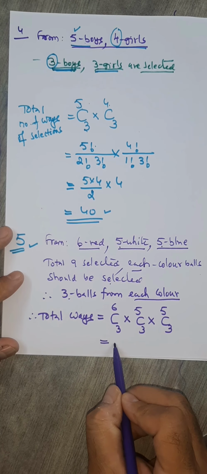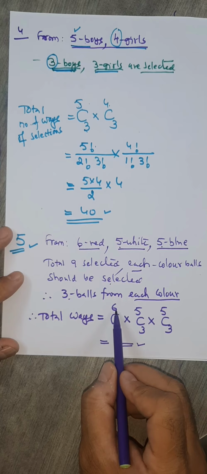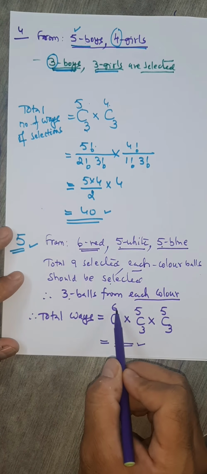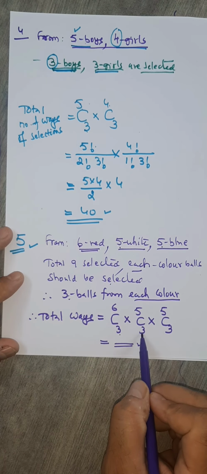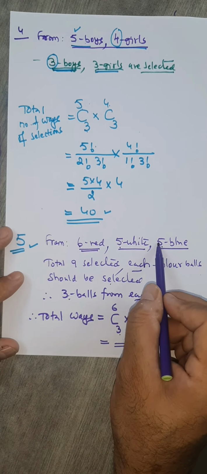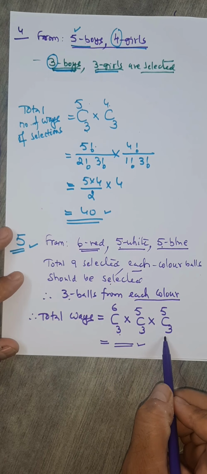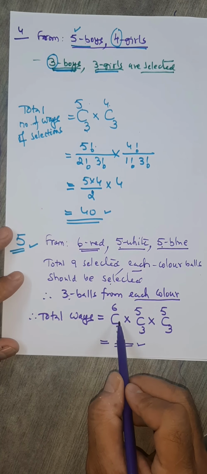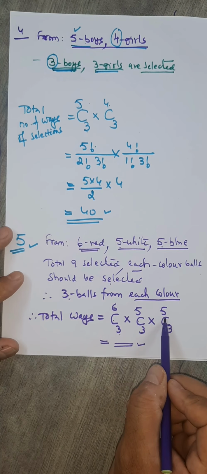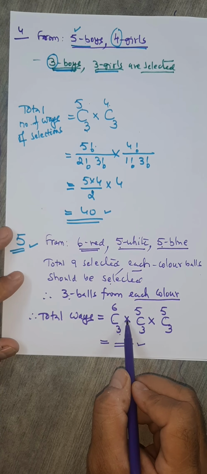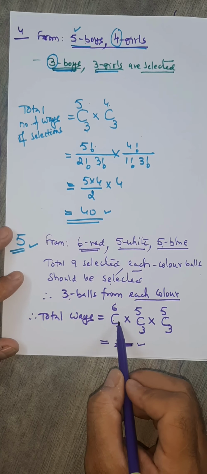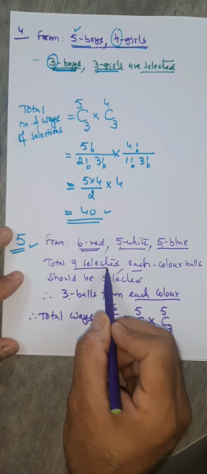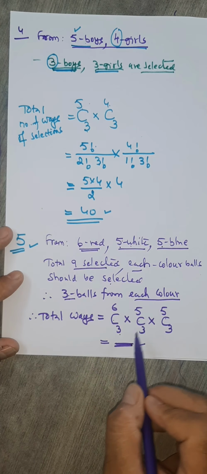You just simplify each of these, you will get the final answer. 3 should be from 6, so that can be done in 6C3 ways. 3 should be from 5, that can be done in 5C3 ways. And 3 should be from this 5, so that is again 5C3 ways. So this and this and this, and means by counting principle, into. So 6C3 into 5C3 into 5C3. This gives us the total number of ways of selecting a total of 9, in which 3 come from each color.